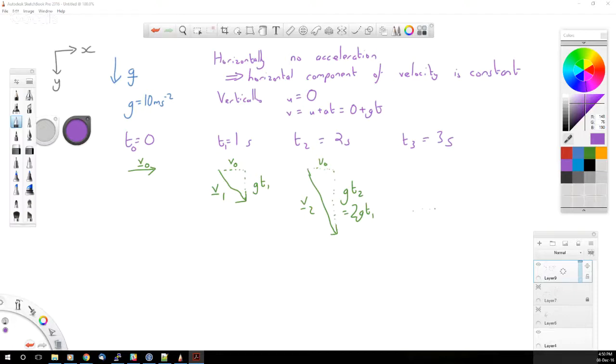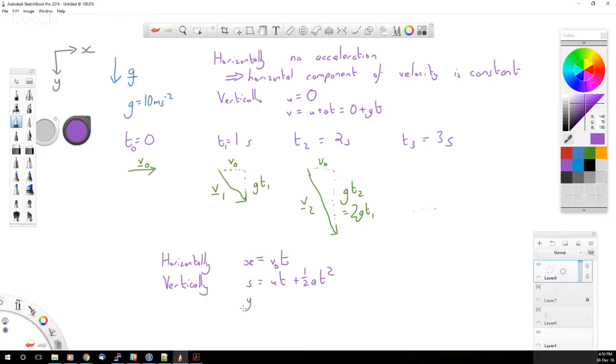So in order to work out the projectile motion, we can say horizontally there is no acceleration, so horizontally x equals v0 times t. These are all just distances here. And then vertically, we have to use a different equation of motion: s equals ut plus a half a t squared.